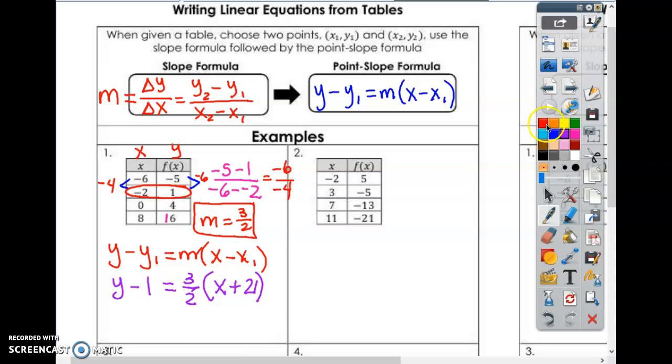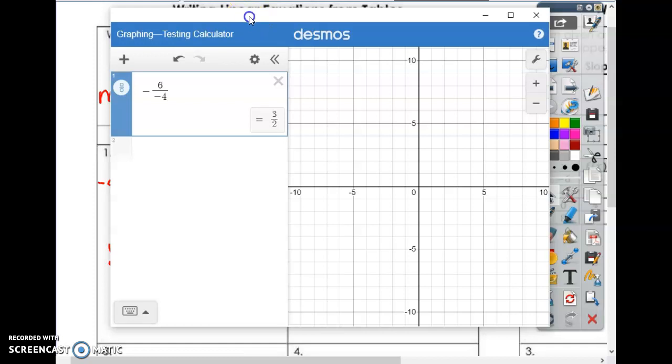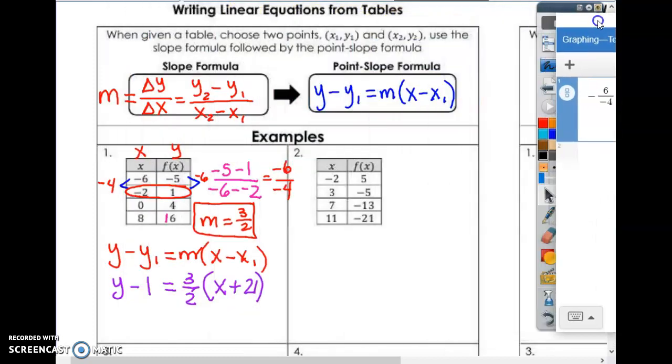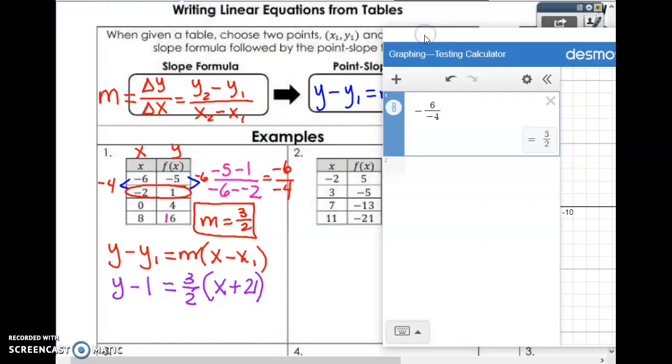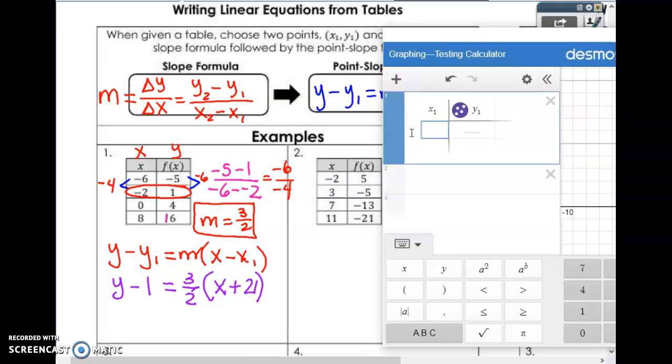It's going to be one of your answer choices. So we're going to put these points in decimals, and I'm going to put this answer in decimals, and it's supposed to go through all the points. So let's go ahead and type it in decimals. I'm going to put it over here to the side, and it won't let me. I'm going to add a table.